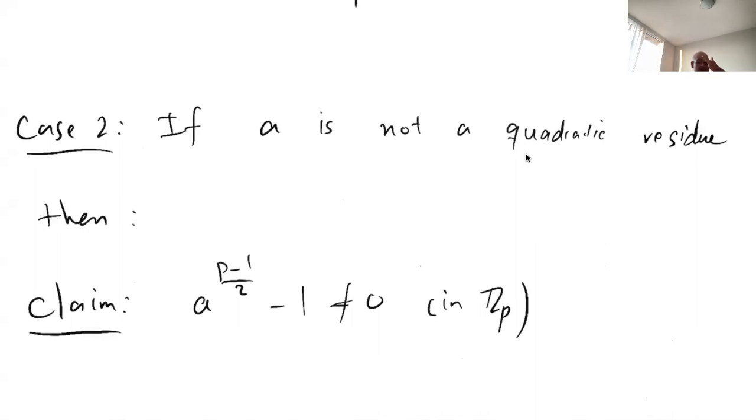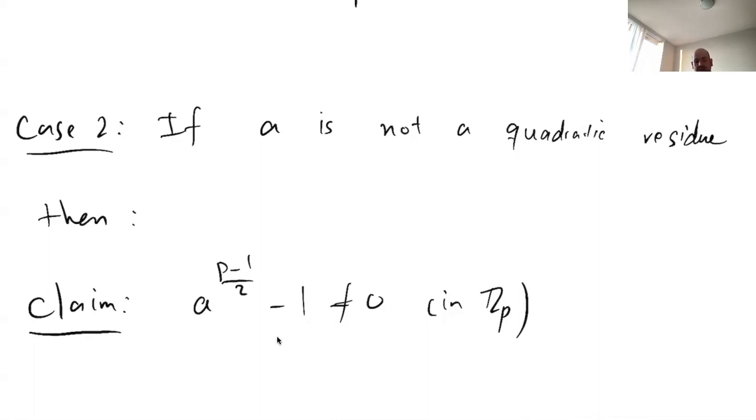Of course, this is not obvious, right? Because these two statements are not equivalent. The fact that if A is a quadratic residue implies that this expression here equals 0 does not imply automatically that if A is not a quadratic residue, then this expression is not equal to 0. Because potentially it's possible that this expression equals 0 for every quadratic residue, and maybe also equals 0 for some quadratic non-residues as well.